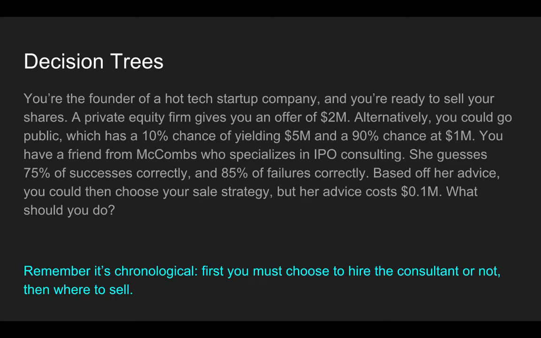What are the probabilities that are coming off of this thing? 0.1 of success, 0.9 of failure. Alright, so we have a 0.1 chance of success, 0.9 chance of failure. Success comes out to the tune of $5 million. And failure comes out to the tune of $1 million. I don't know about you, but that's a pretty good failure. Of course, I guess it's how many years and sweat equity you put into the company. Alright, is there anything else that happens if you don't hire the consultant?